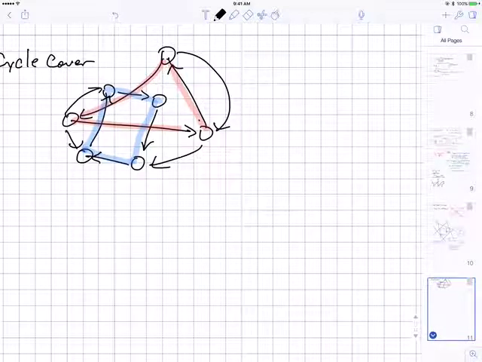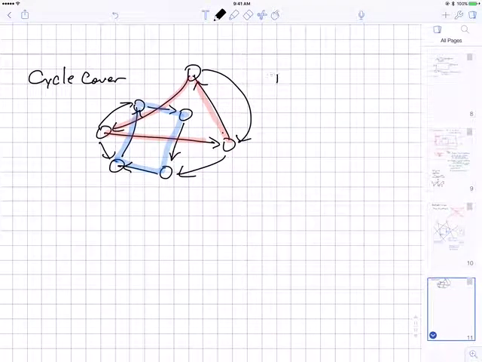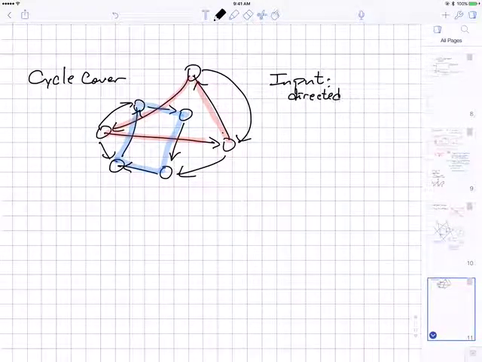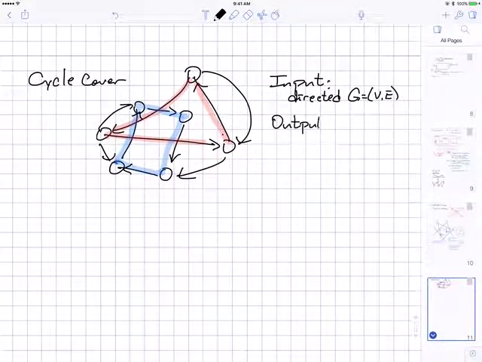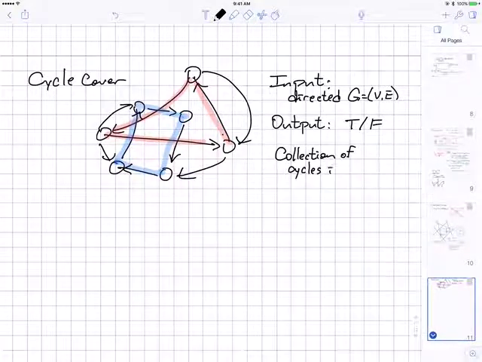All right, so my input is a directed graph. And my output, well, for purposes of the exam, my output is actually just going to be either true or false. But the thing that I might actually want to compute is a collection of cycles in G touching every vertex once.